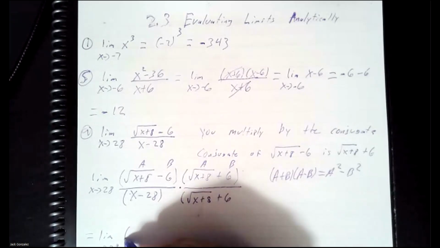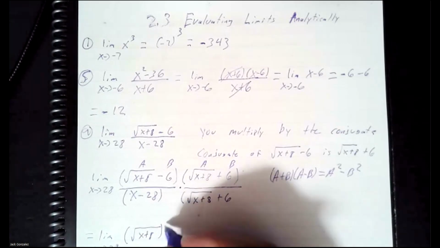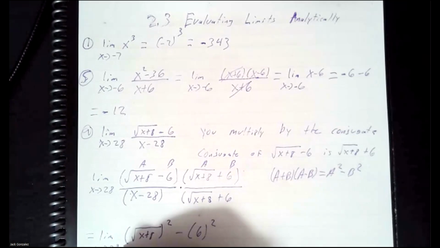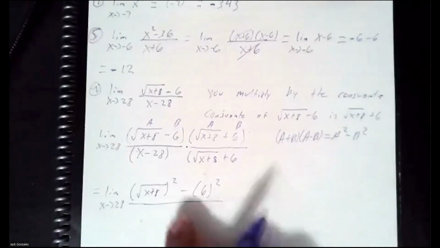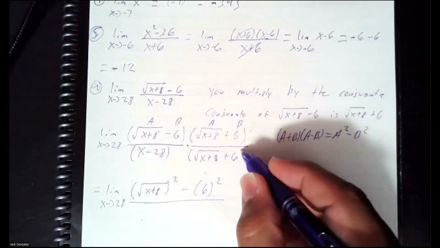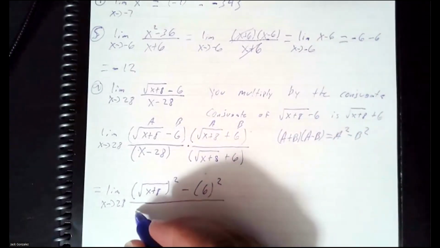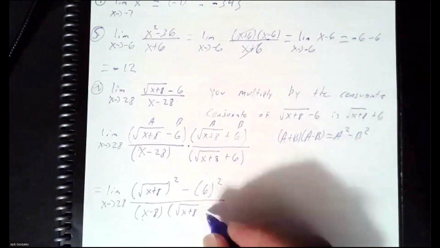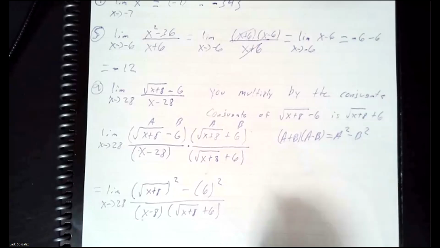Okay, so square the radical, square the constant. I'm not going to multiply the bottom because I'm trying to cancel this term. So I don't want to distribute it because then I can't cancel it without factoring it again. So we're going to have x minus 28 down here times square root x plus 8 plus 6.